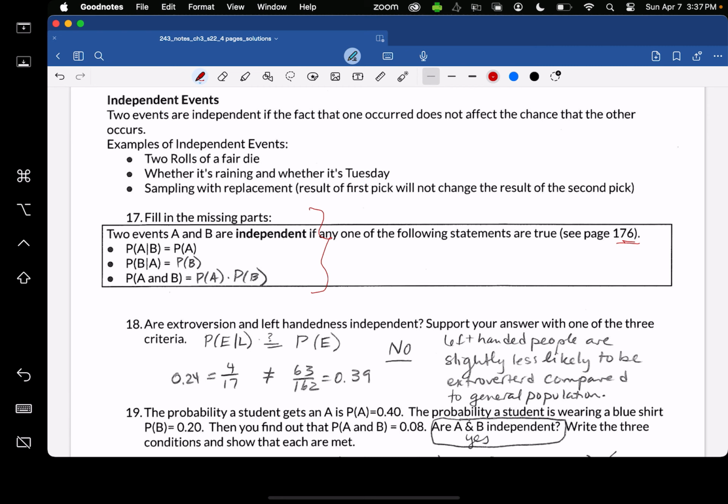Raining has nothing to do with it. A and B are symmetric, so the probability of B given A is the same as the probability of B. And finally, the probability of A and B occurring is the probability of A times the probability of B. So these are three different things that should be true if two events are independent of each other.